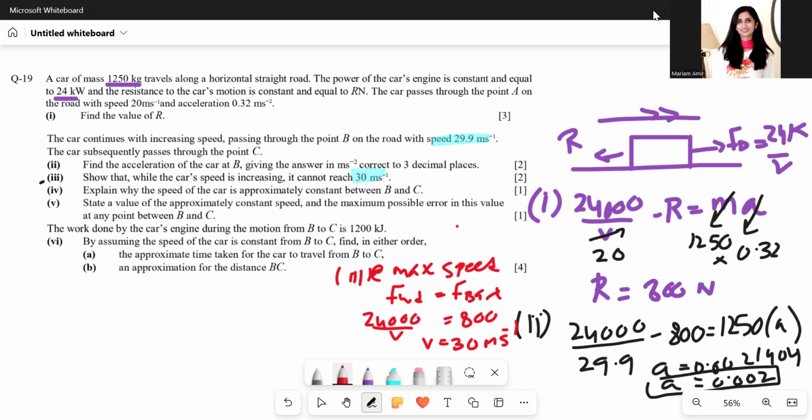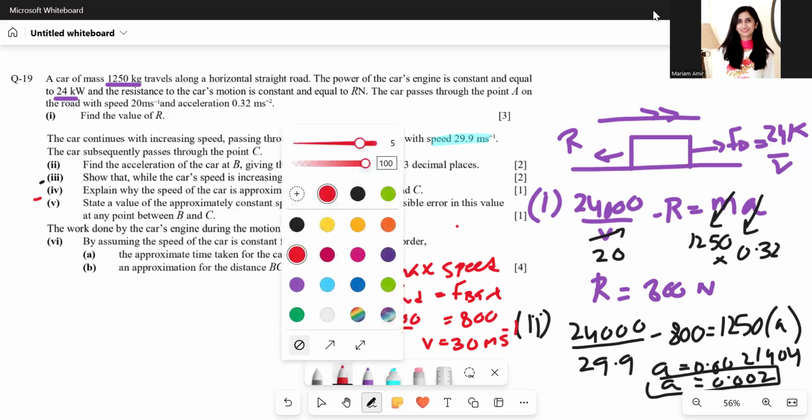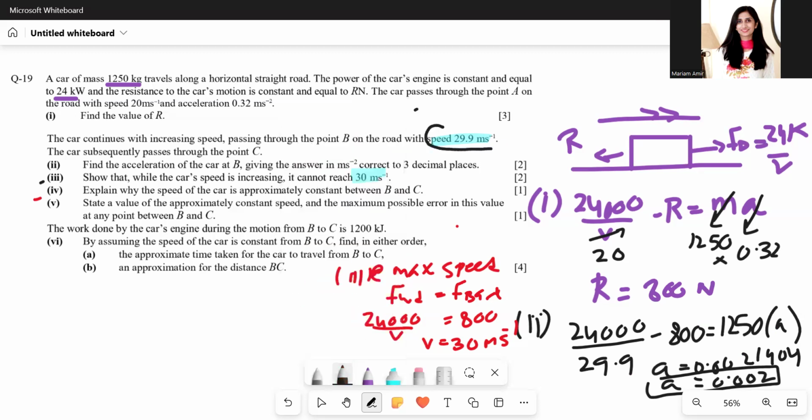Part 4 is explain why the speed of the car is constant between B and C. At B, we know the speed is 29.9. And we just saw that the maximum speed cannot go beyond 30.